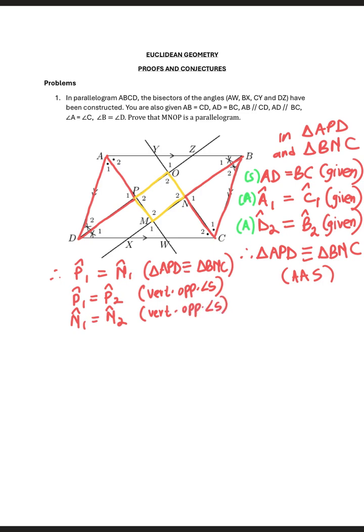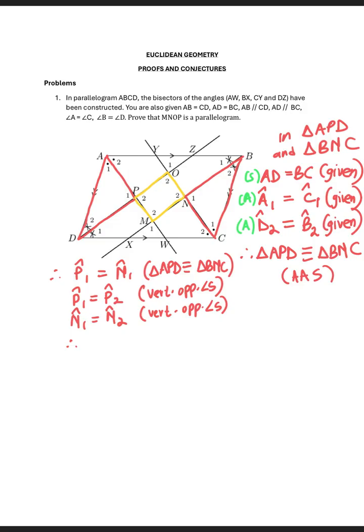Right? Because P1 equals N1, therefore it follows that P2 equals N2.